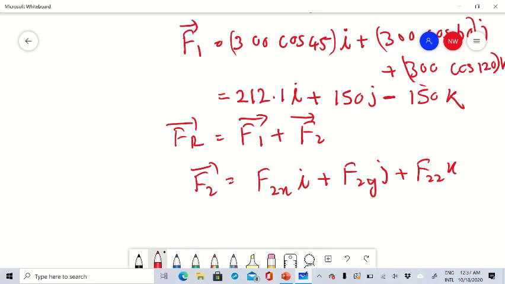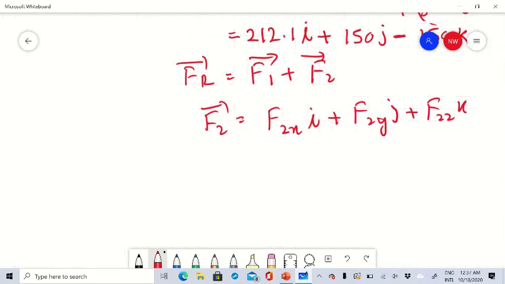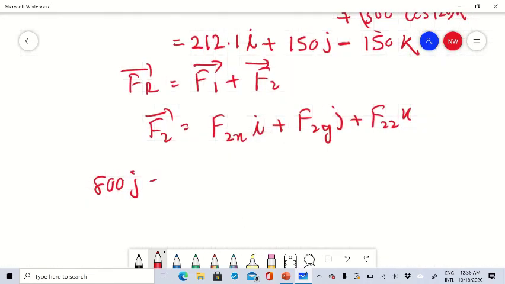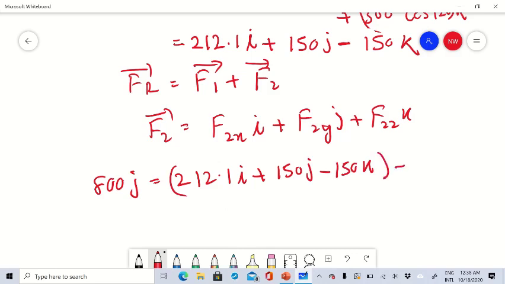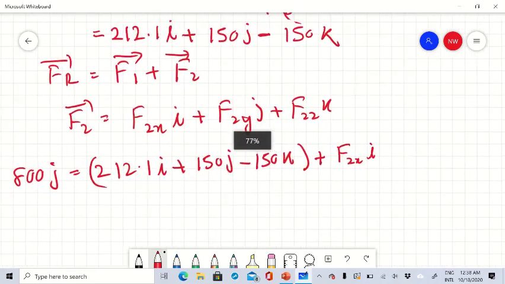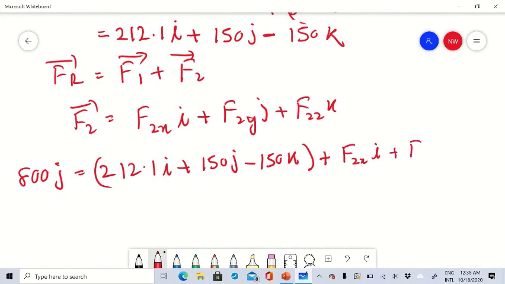So if I put into this expression, here Fr is 800 j, right, which is equal to F1, which is 212 i plus 150 j minus 150 k, plus F2x i, right, plus F2y j plus F2z k.